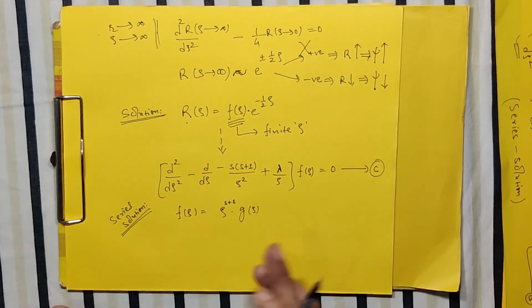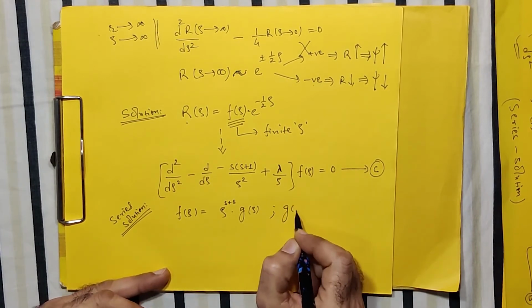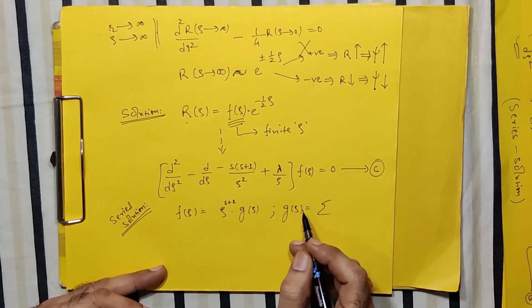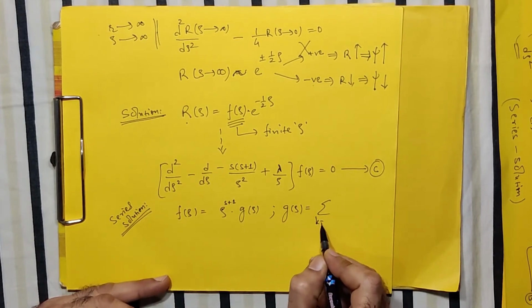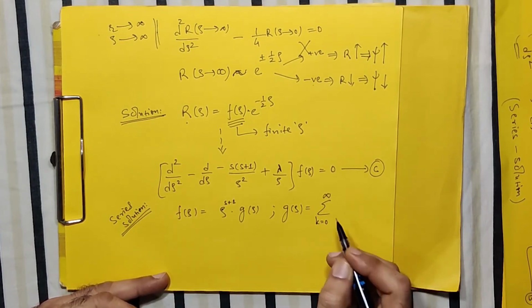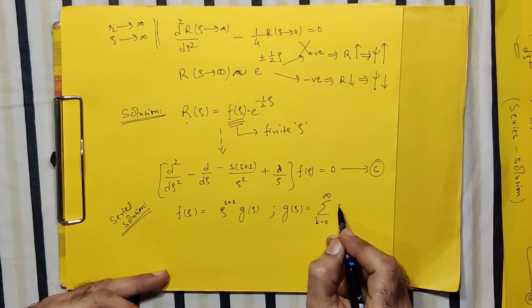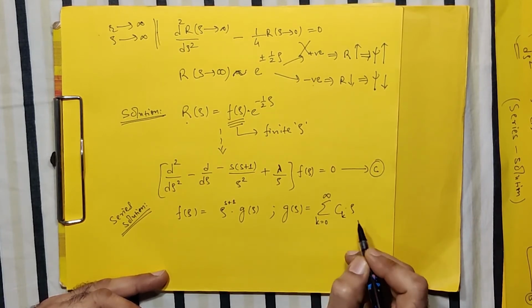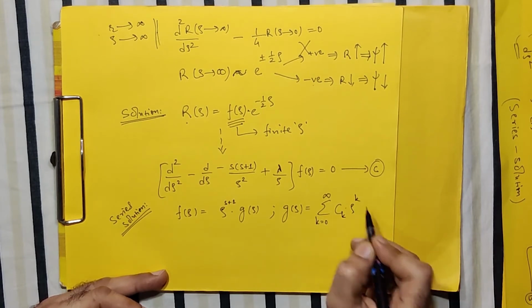So that is again a power series, so I can write that. And we know that it is a series, so obviously the summation will go. Let us say k is the variable to do the summation. It goes from 0 to infinity. Practically it's an infinite series. This is the coefficient to be determined. And again it's a power series, so I can write like this.